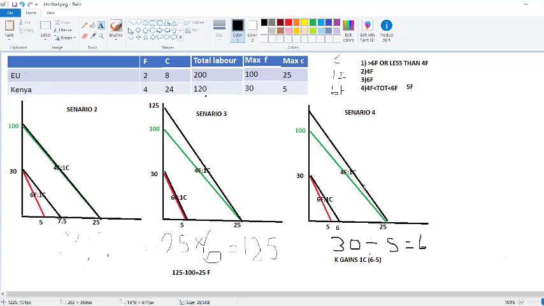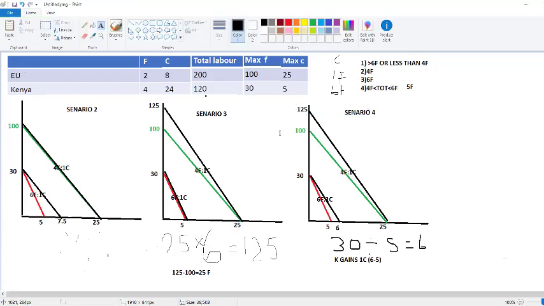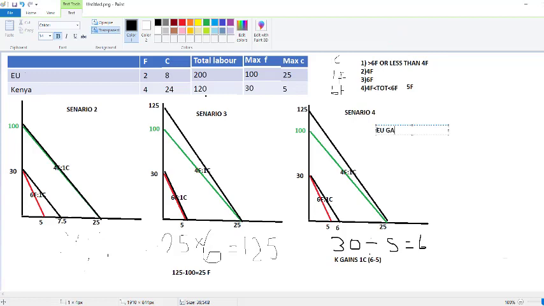Now, instead of trading at the autarky price, you are exposed to the world price. The world price is 5 food, so every carbon can be traded for 5 food. So it's going to be 25 times 5, which is 125. What is the gain for EU? The gain for EU is 25 food, which is 125 minus 100.